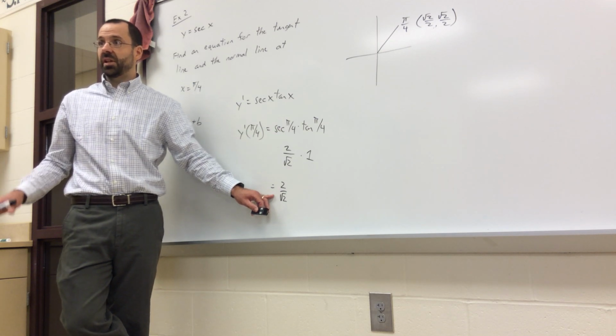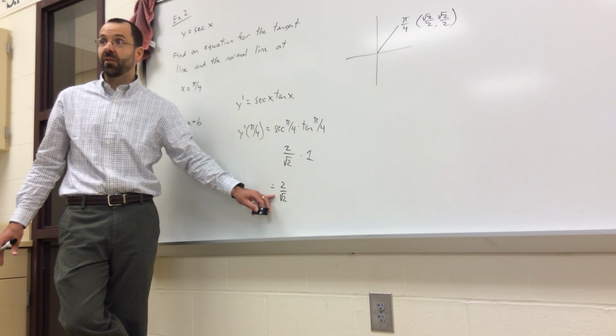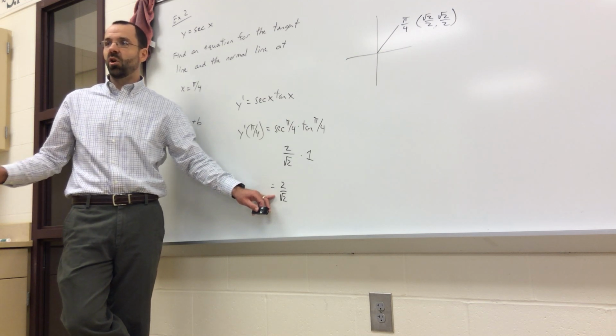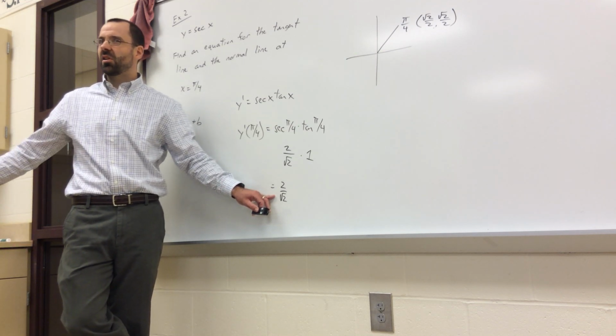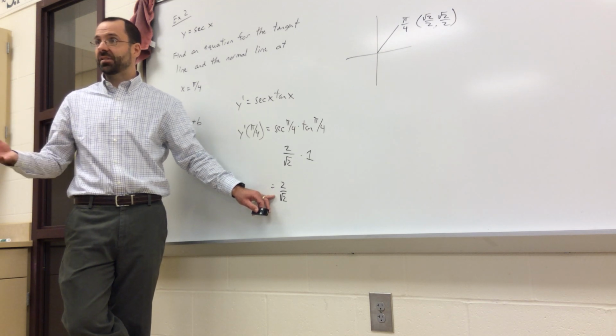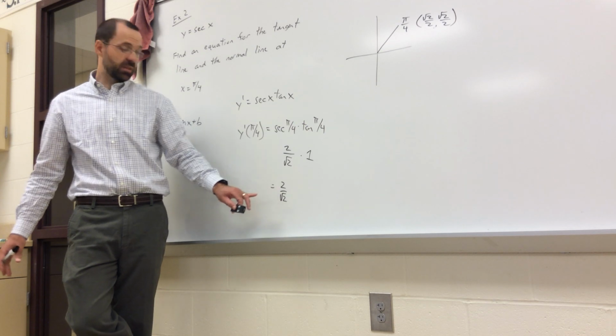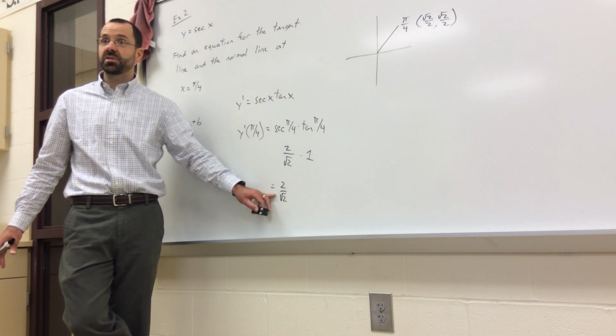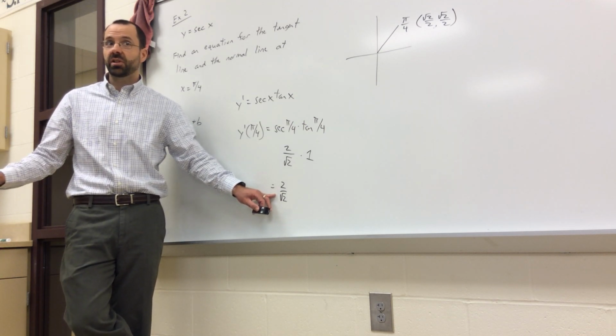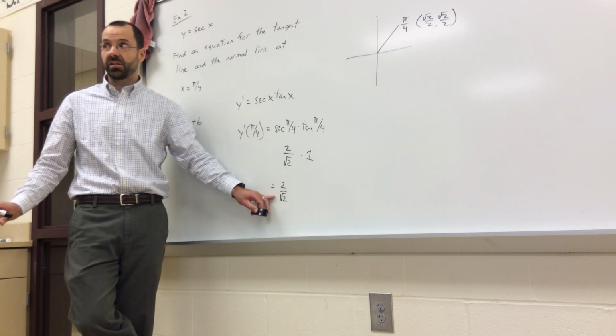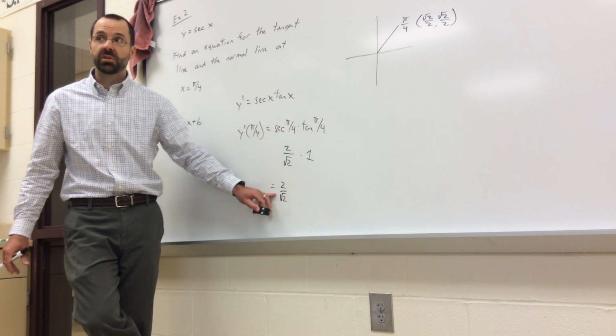You might have to someday. But I'm also saying that you don't have to do it every time. It's not some law. They said it was a law in the past because they needed you to practice. But now that we're getting more sophisticated, you don't have to do it every time. So I'm going to leave my slope like this with the square root in the denominator. I know it makes some of you feel uncomfortable because you were told you can't do it. It's okay. It's going to be all right. All right, so there's my slope.